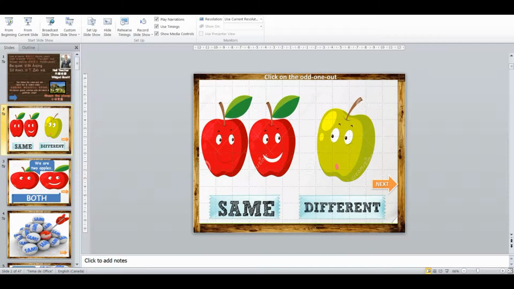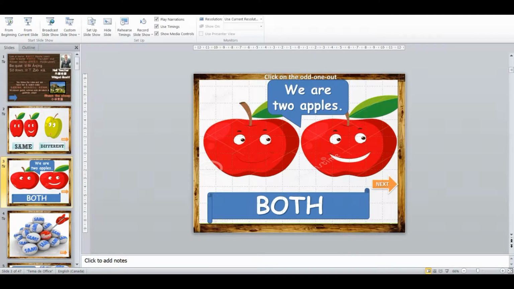I'll try and elicit as much as I can from the students of what they can see as being same or different, either in the room or whatever comes to mind for them. And also we'll go over both. So 2 things together is basically how I get that across, and I'll say that these 2 students are both boys.